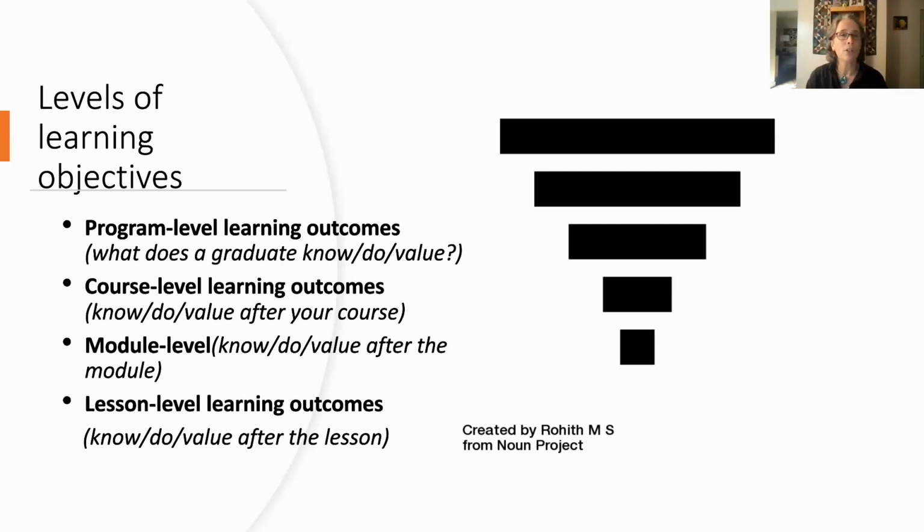At the course level, are they prepared for a level higher when they leave our course? Are they prepared when they enter our course? And then the module and lesson level are kind of nested in there. Everything kind of fits into everything else, and it just gets bigger and bigger into the program. So today, what we're going to be looking at is just the lesson level.